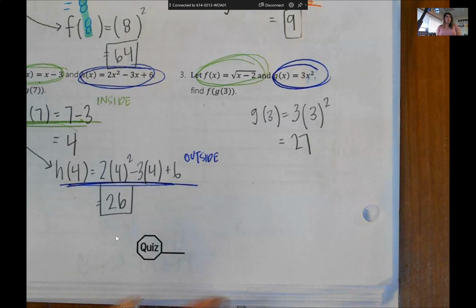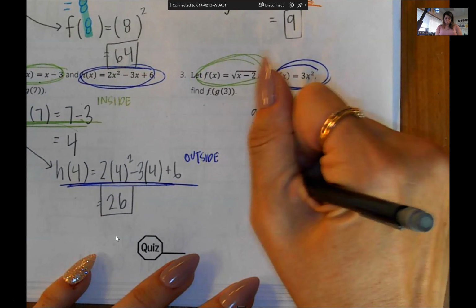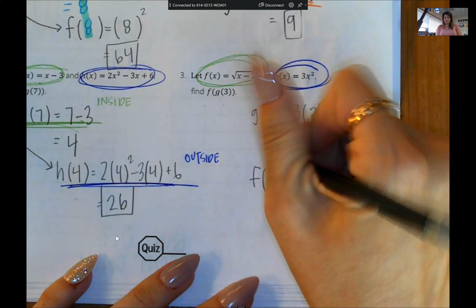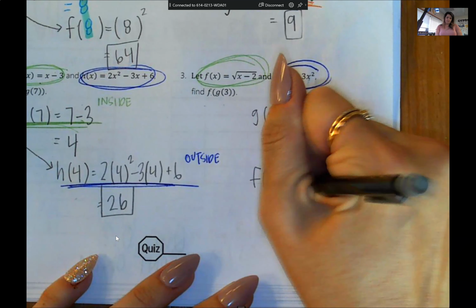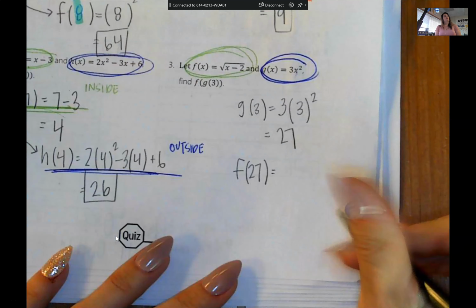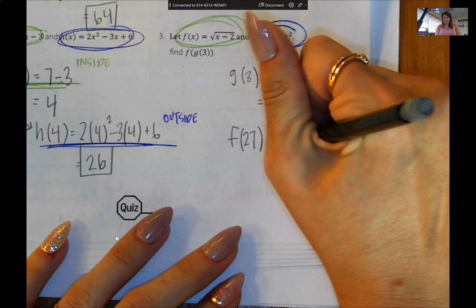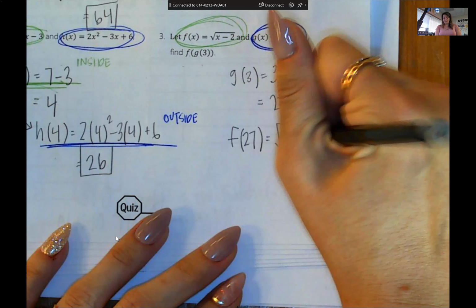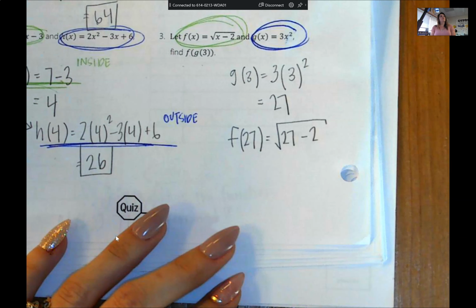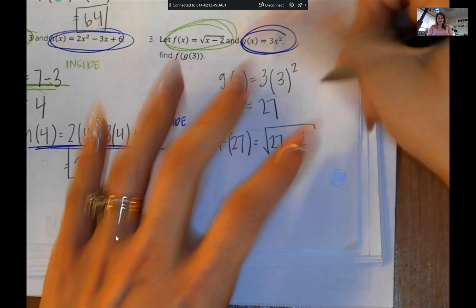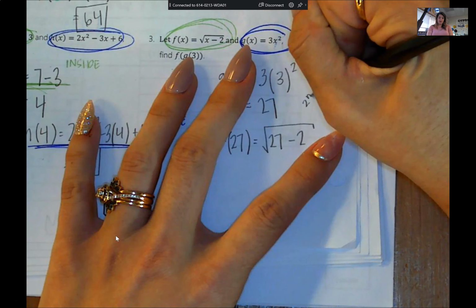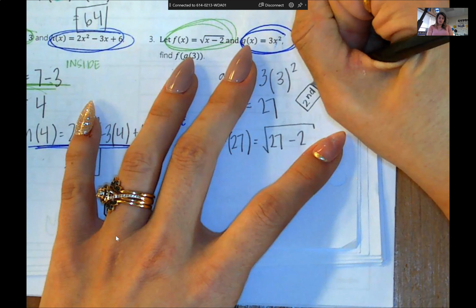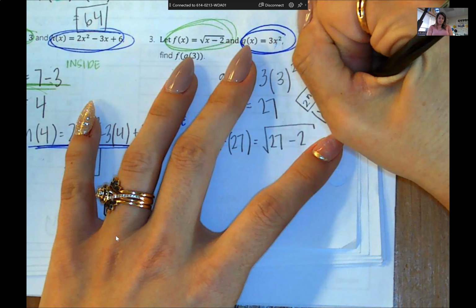Now what? F. We're on F. F of 27. Now be careful, fam, that you put that whole thing under the root if you're using your calc. Do you need a reminder? It's blue button, x squared button.